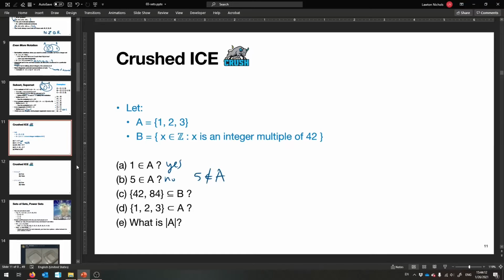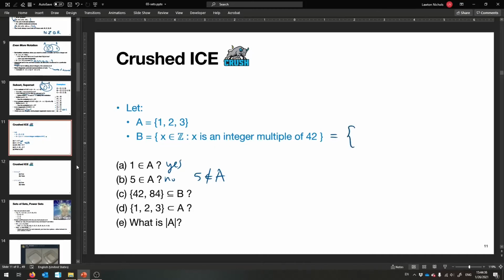All right. 42, 84, that set, is that a subset of B? Okay. So what we need to do now is show that 42 is in B. 84 is also in B. Yes? Let's do that. So what really is B? B is all the integers that are themselves integer multiples of 42.